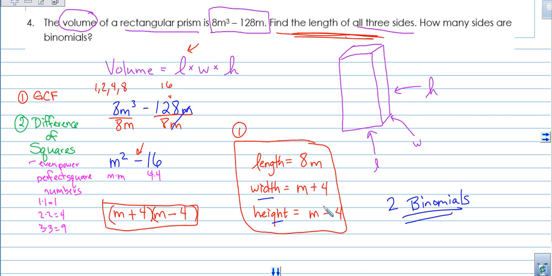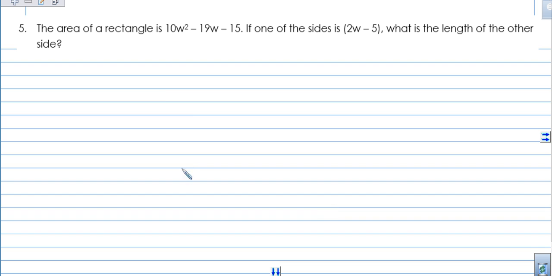Question number 5. It says the area of a rectangle is 10w squared minus 19w minus 15. If one of the sides is 2w minus 5, what is the length of the other side? This is a great question for them to ask in a multiple choice situation because it only gives you one option for the answer. Okay?